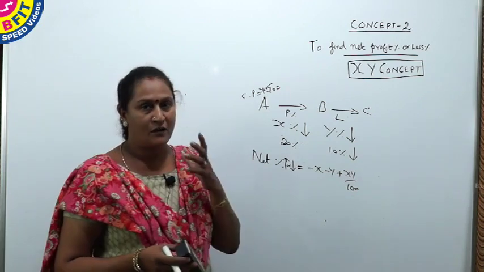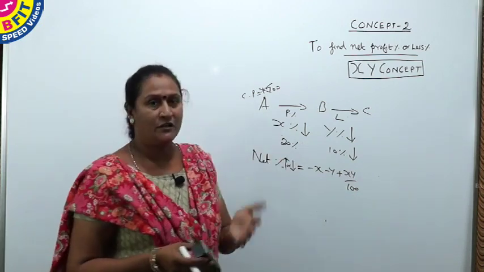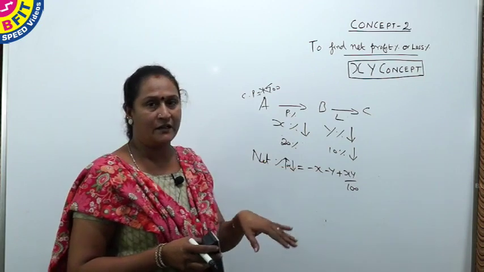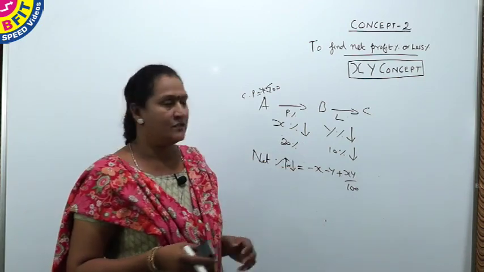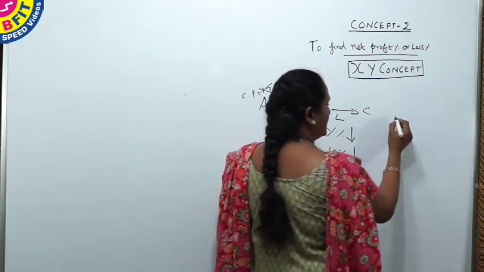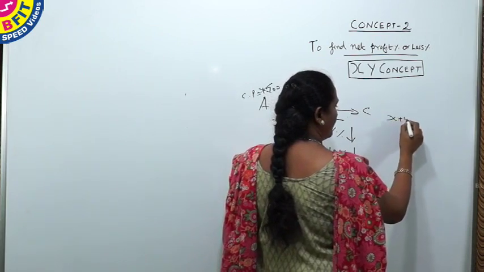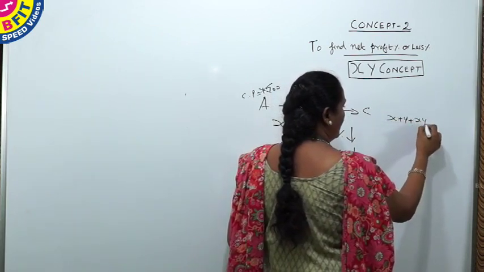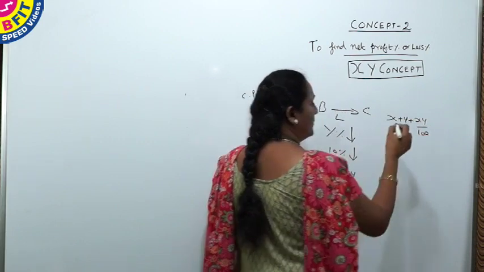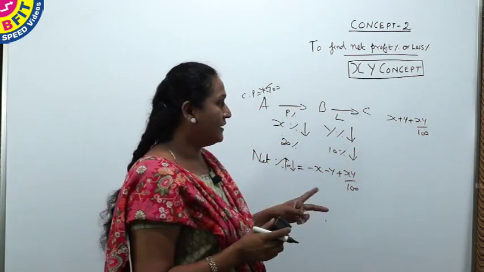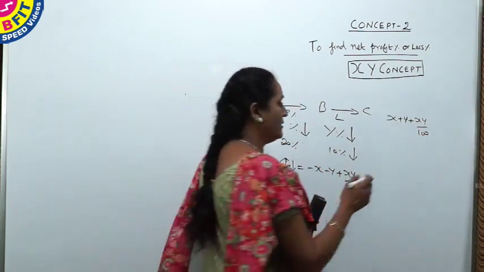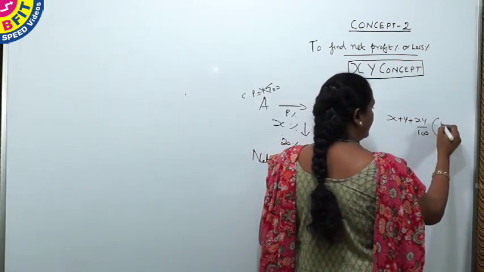Whenever you have two changes, whether both increase, or one increase and one decrease, or both decrease, you can use this XY concept. So X plus Y plus XY by 100 is the net increase when both values are increased.